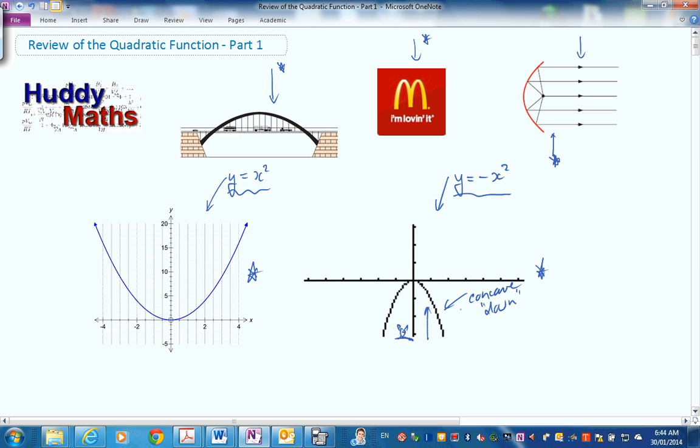And of course, this is the shape that you get when you throw something up. It comes down due to gravity, doesn't it? In a symmetrical way. And so when the Greeks were playing around with curves like this, they said, gee, that's like what you get when you throw an object, and that's where parabola came from, the Greek word for thrown.